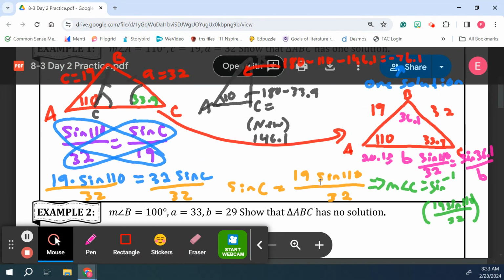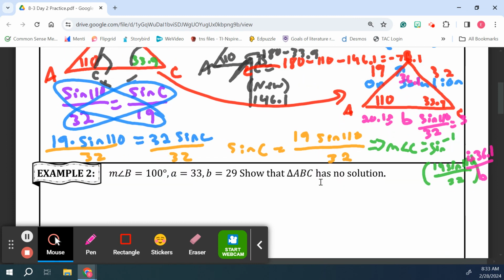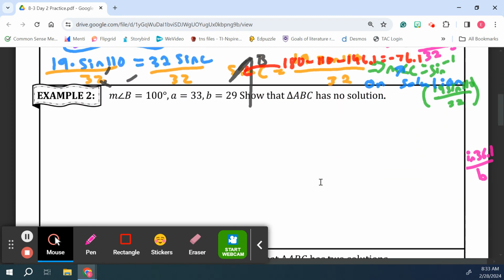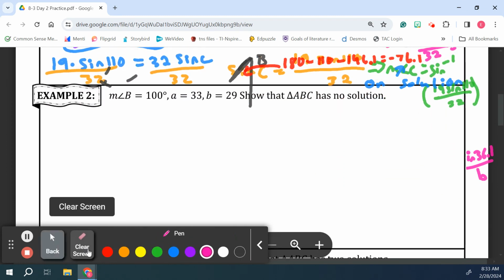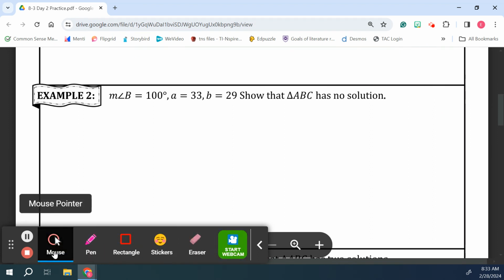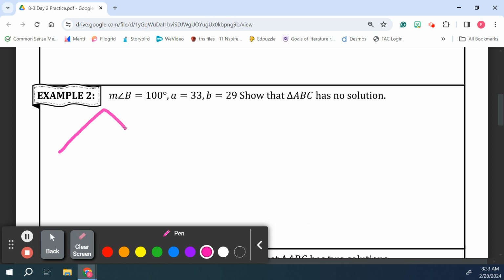Any questions on this before I move on? All right, let's take a look at example 2. Again, I want to draw this out. So here's my triangle. I'm going to put over here what I absolutely know, and it looks like B. So here's B, and this will be 100 with little b equaling 29.